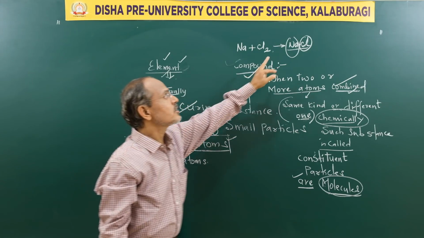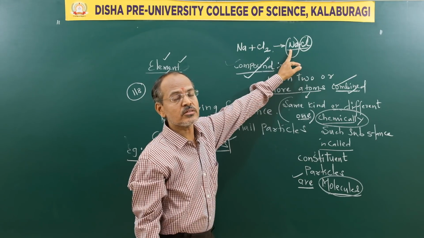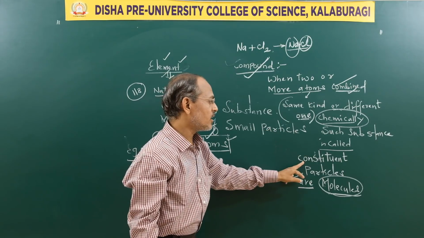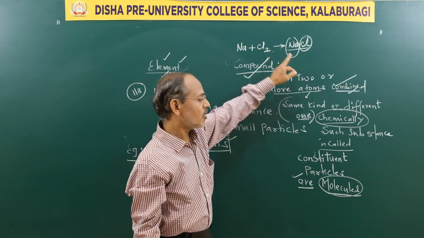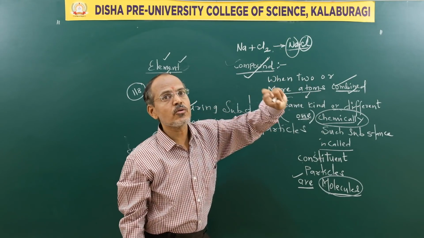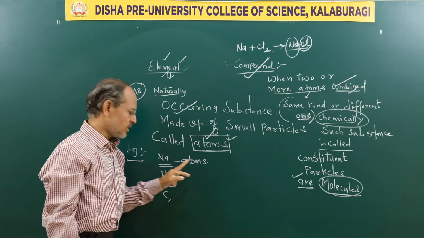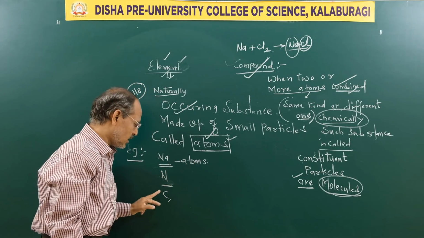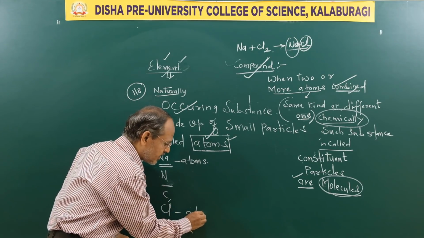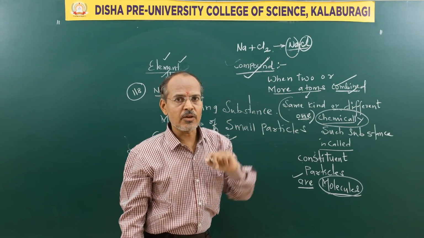You should say it is a sodium chloride molecule, because the constituent particle of a compound is called a molecule. Here we say sodium atom, nitrogen atom, carbon atom, chlorine atom, like that. But here I can say sodium chloride molecule.